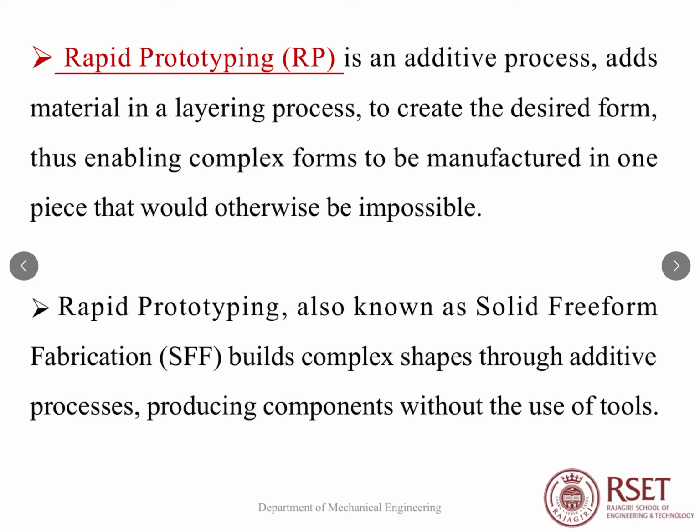Suppose we want to produce a part through casting. It involves a number of phases: preparation of the mold, preparation of the material, pouring of the molten metal, solidification, finishing operations, etc. Molding itself is a huge process, including preparation of the pattern.